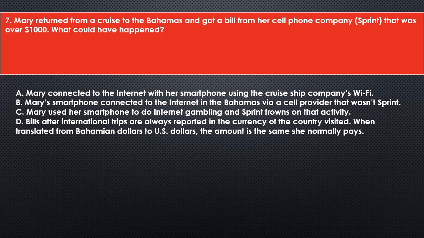C. Mary used her smartphone to do internet gambling and Sprint frowns on that activity. D. Bills after international trips are always reported in the currency of the country visited. When translated from Bahamian dollars to US dollars, the amount is the same she normally pays. Answers: B. Mary's smartphone connected to the internet in the Bahamas via a cell provider that wasn't Sprint.